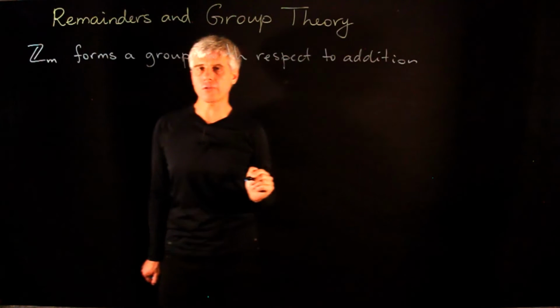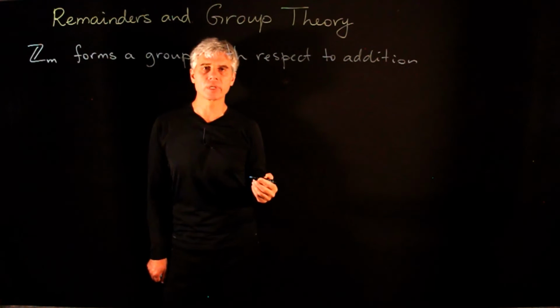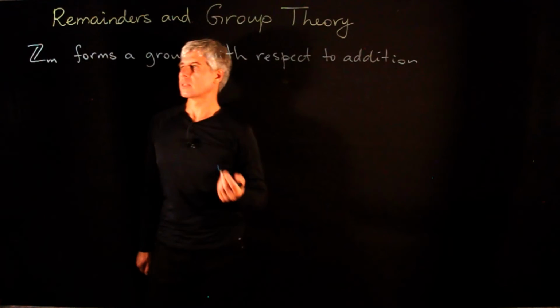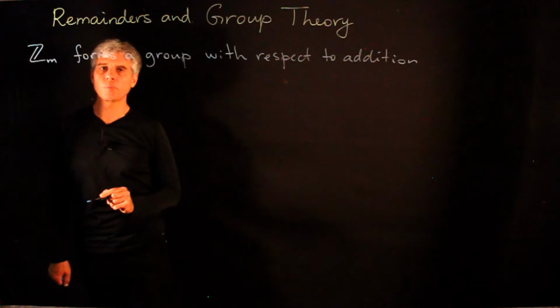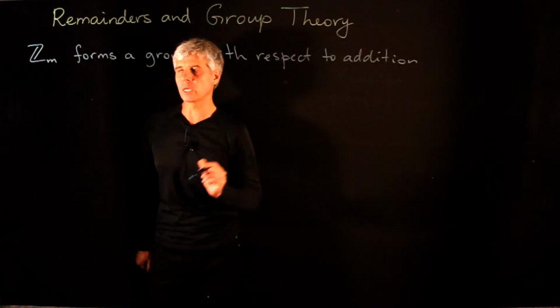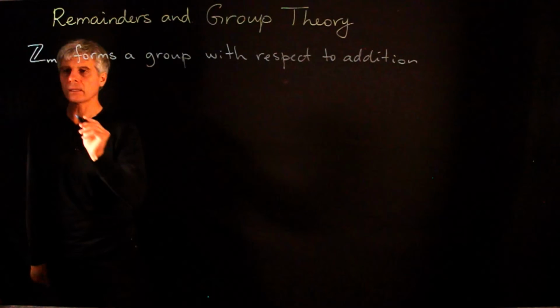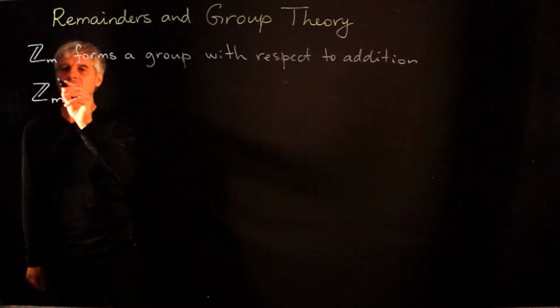And this was the first group that was historically used for cryptography with Caesar's code. However, for modern cryptography, this group is too weak. So the crypto systems based on this group are very weak. And a better group is we take Zm star.